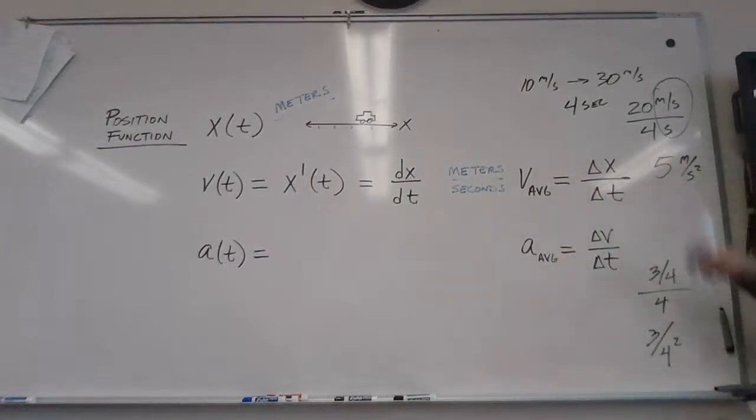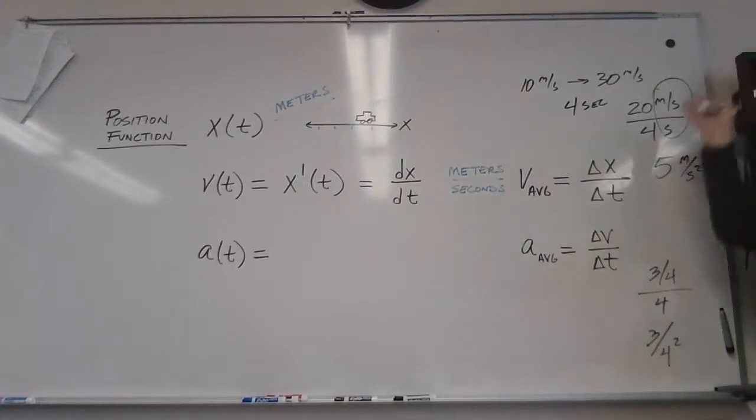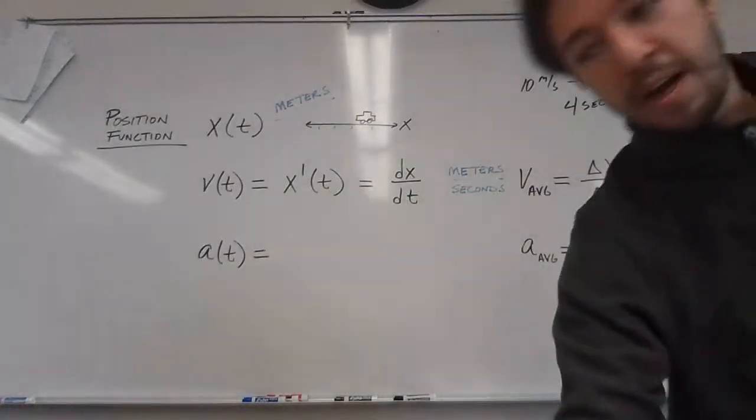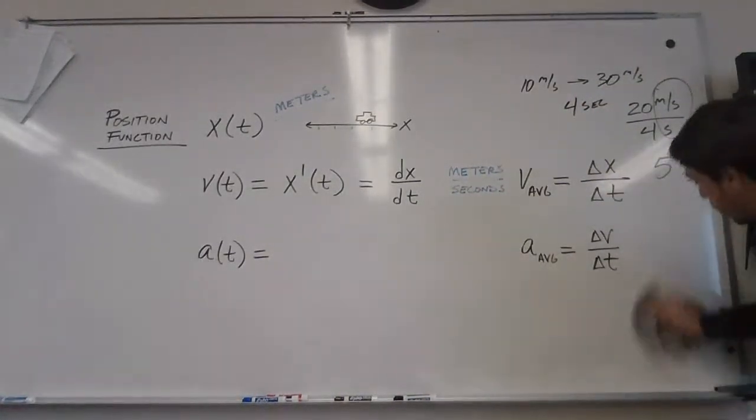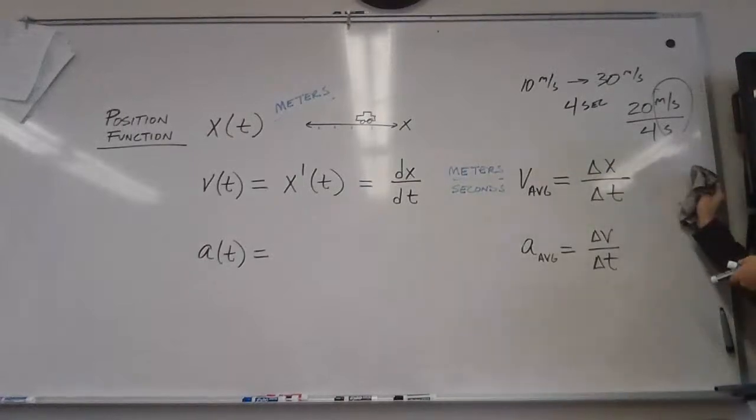There's nothing fancy going on. Sometimes people get confused and think this is some crazy, wacky thing. It's really just shorthand for saying meters per second per second. So that makes sense, the units?